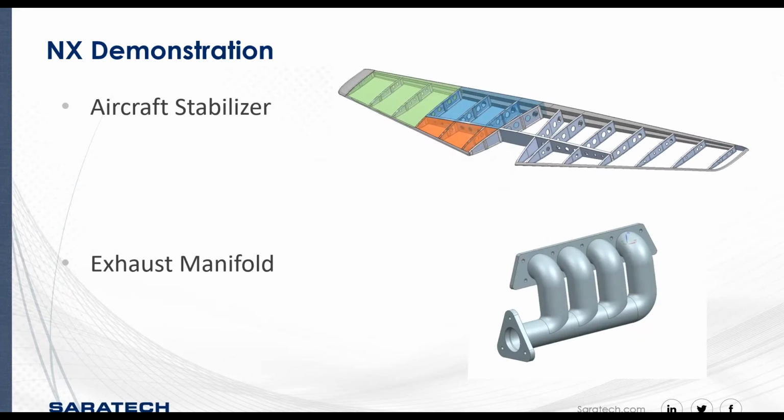Okay, and so for this demonstration, I'll show two different parts, one assembly and one part. So the first example is going to be this aircraft stabilizer. So here we have 3 different colors, and so this is the final product of what this demo is going to look like. We want to build out different bodies so we can calculate the volumes.